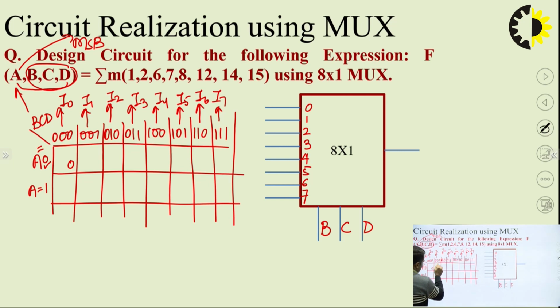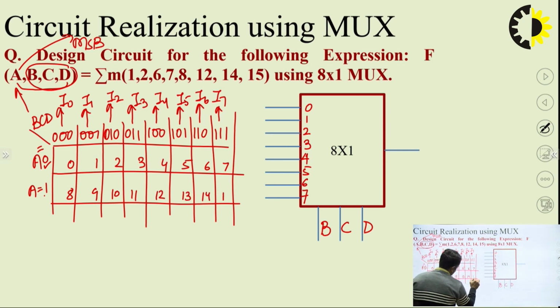Similarly 0001 will be 1, 0010 will be 2, 0011 will be 3, 0100 is 4, 5, 6, 7. Similarly 1000 is 8, and proceeding further 9, 10, 11, 12, 13, 14 and 15. So we have labeled these cells.